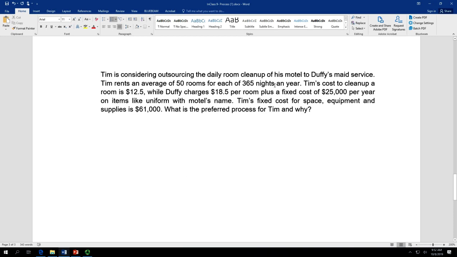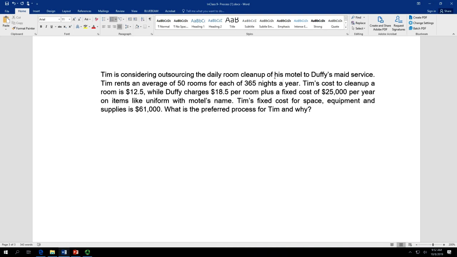The team's cost to clean a room is $12.5. It also says Duffy charges 18.5 per room, plus a fixed cost of 25,000 per year on items like uniforms with the hotel's name, and so on.